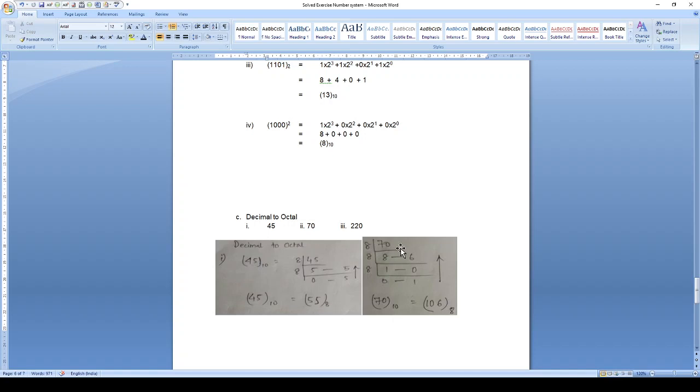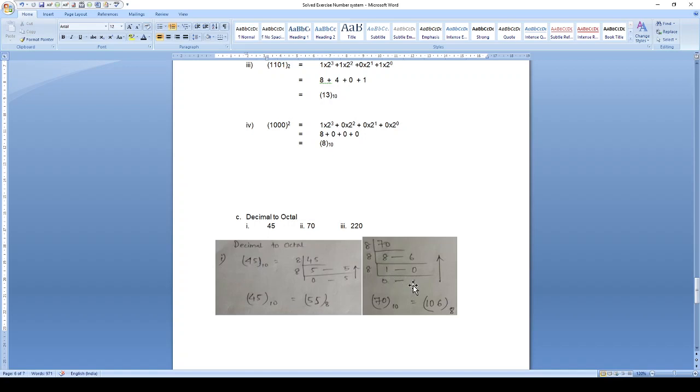Next you again see over here 70 in decimal. Divide 70 by 8. We will get 8 as quotient and 6 as remainder. Right? Again you divide that 8. You will get 1 and remainder 0.